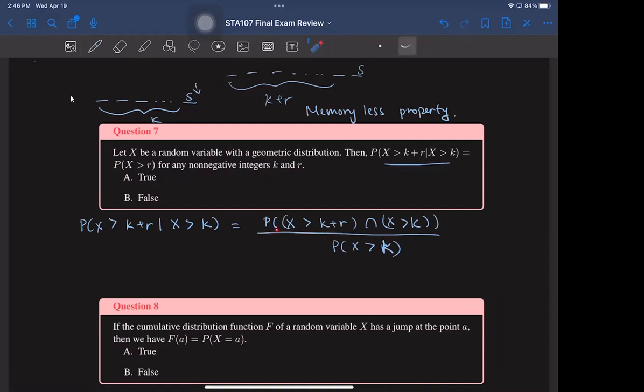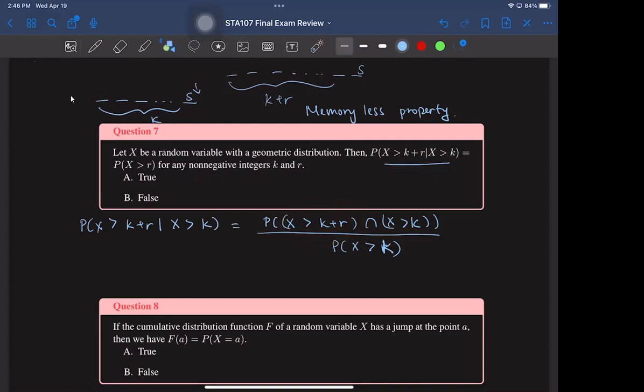And if we look at this one, the probability that X is greater than k plus r and X is greater than k is the same as the probability that X is greater than k plus r, right? Because the intersection of these two sets is just this set.